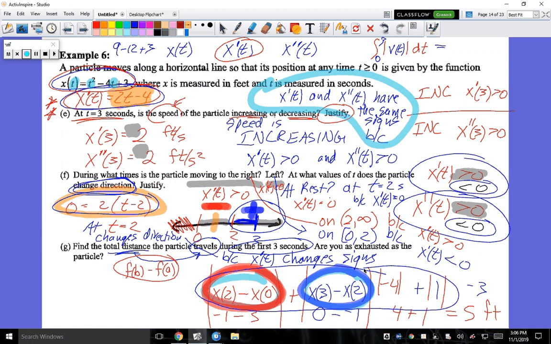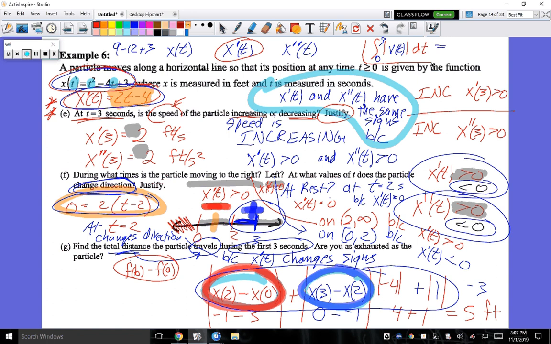We still got to know how to do it by hand because there's a calculator and a non-calculator portion to the test. But this is a good way to check it if you do have the calculator as far as looking at the total distance traveled.